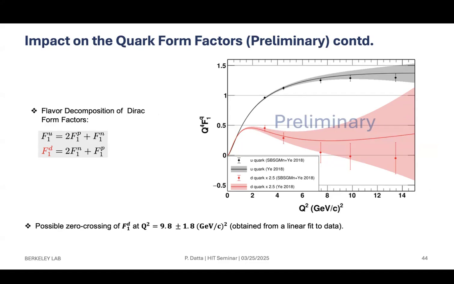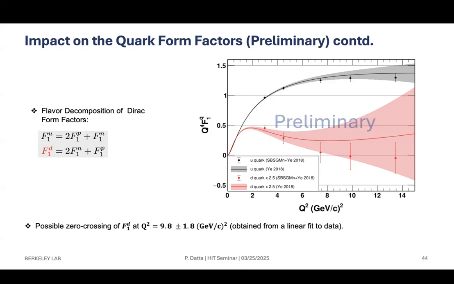Black shows the up quark, red shows the down quark, and again the band is from the flavor decomposition using the existing global fit from 2018. The data points are from replacing the GMN values from the fit with our results. As you can see, at least for F1D, our results show a noticeably different trend than expected from the global fit.